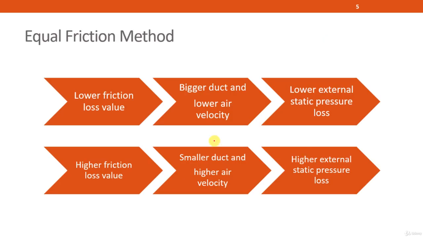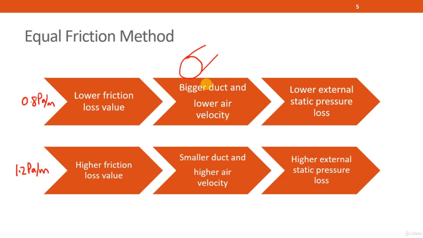If we take a lower friction loss value for our design, for example 0.8 Pascal per meter, compared to a higher friction loss value, let's say 1.2 Pascal per meter, what will be the difference? If you choose a smaller friction loss value, the duct size will be bigger. When you use a friction loss chart, you'll realize that the equivalent round duct diameter will be higher.